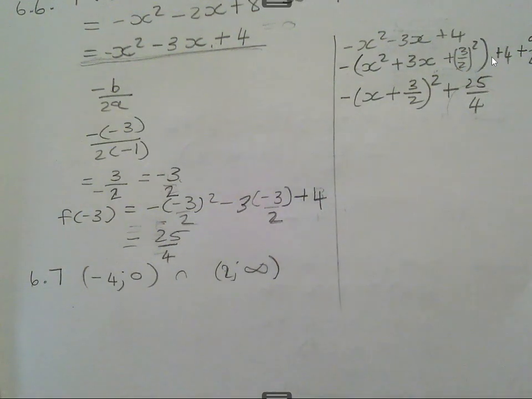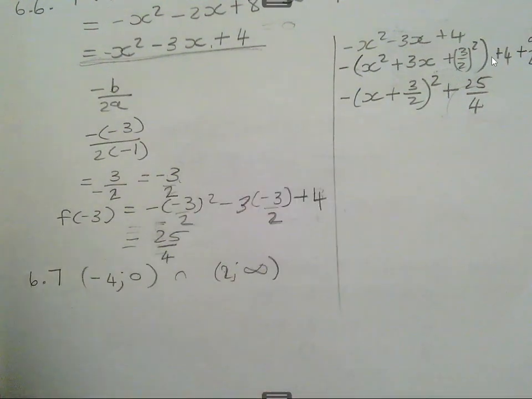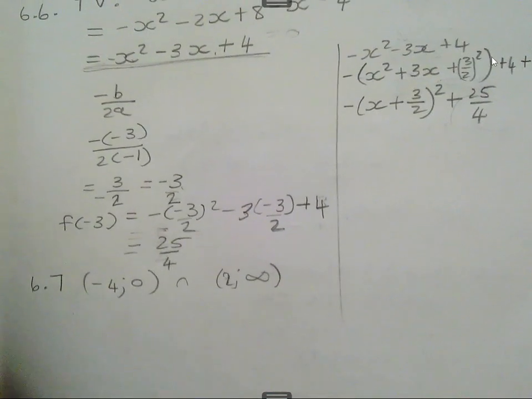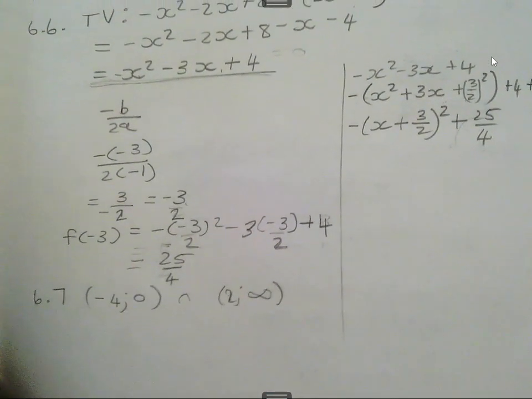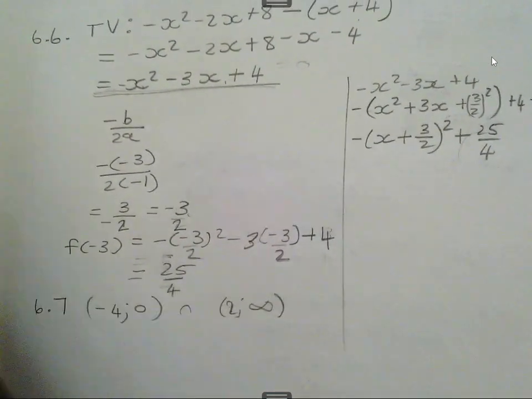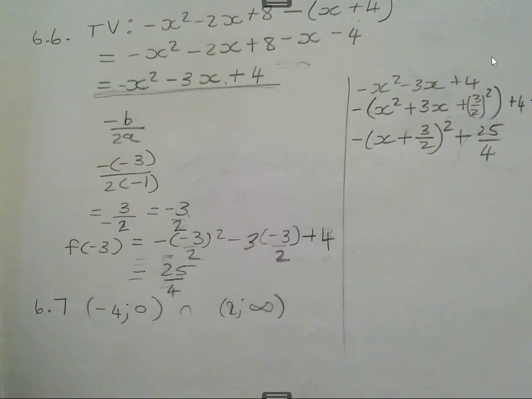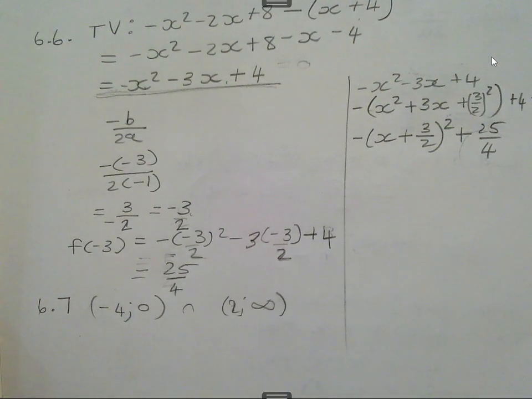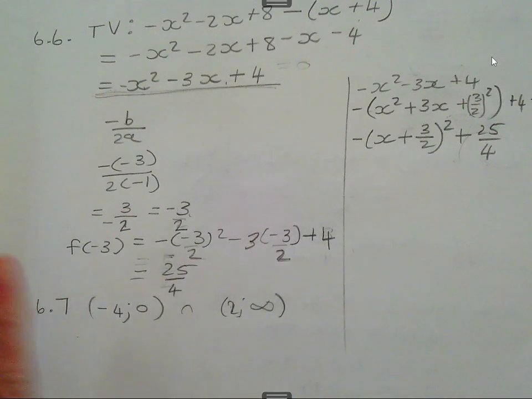You can page on to question 6 of DBE November 2017. I'm going to do that question with you, and then you are going to do number 5 for homework. It's just on the next page. It's a straightforward equation of a parabola where they ask you for the turning point, the y-intercept, the x-intercept.